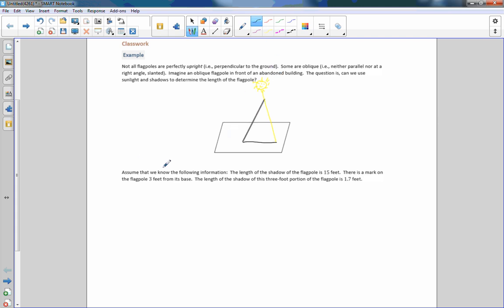So it says, assume that we know the following information. The length of the shadow of the flagpole is 15 feet. So that means this whole distance here is 15 feet. There is a mark on the flagpole 3 feet from its base. So let's say it's something on the flagpole, maybe that thing that they wrap the rope around, and it's right here.